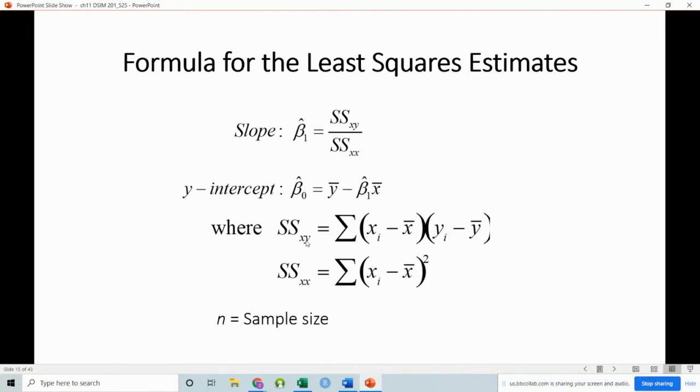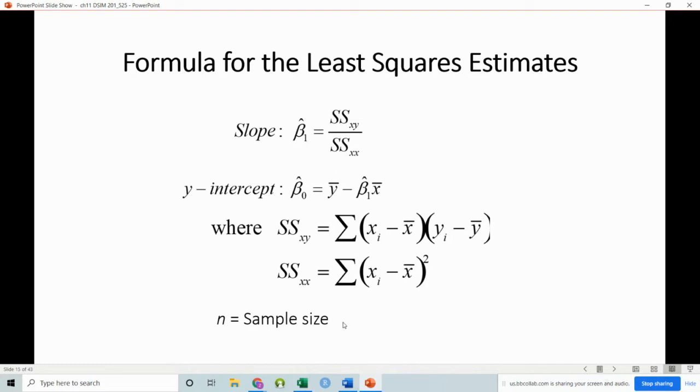The sum of squares for xx is the difference of each x from the mean of x, squared. With these values, we can calculate all of our beta coefficients. Finally, n represents the sample size that we use for our estimation. So we can find these in our data, and then we plug it into this formula to get our slope, and this one to get our y-intercept.